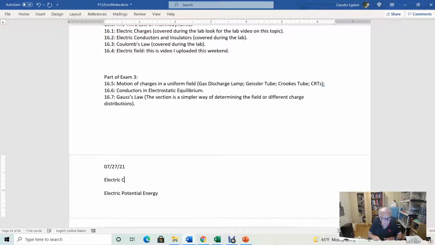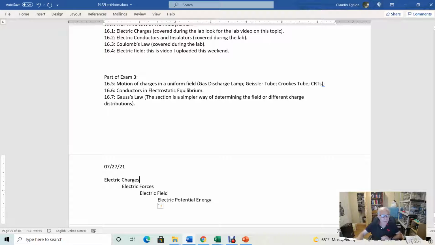I like to do this type of documentation. We have electric charges, then we have electric forces. That's what I call the summary. And then we have electric field. What comes next is called electric potential energy.